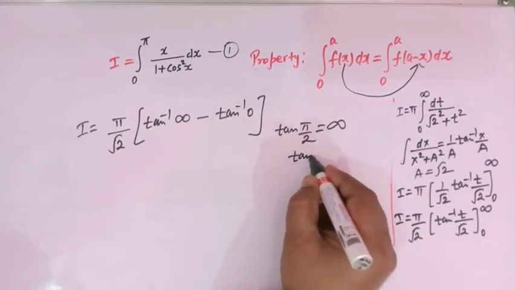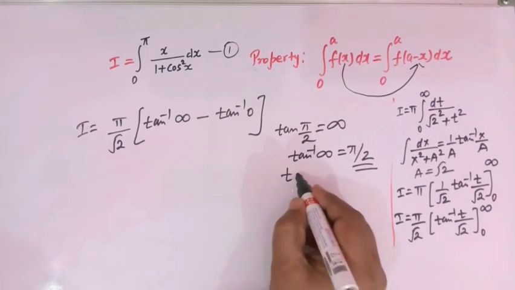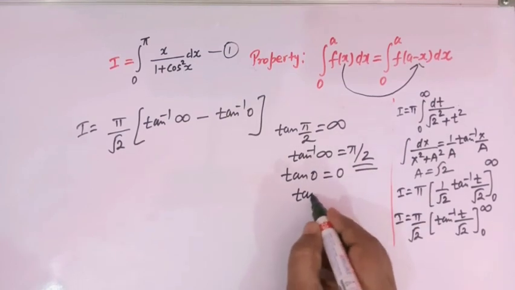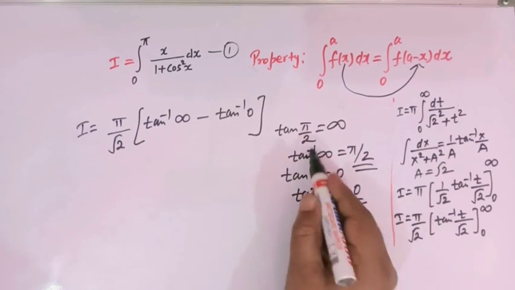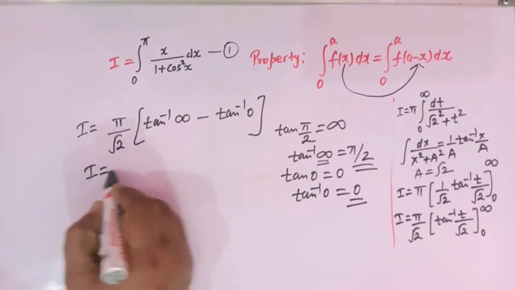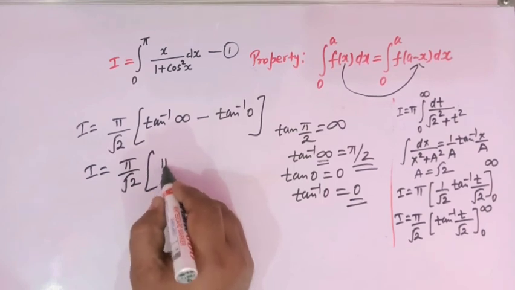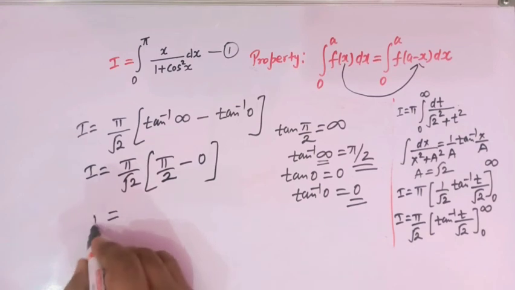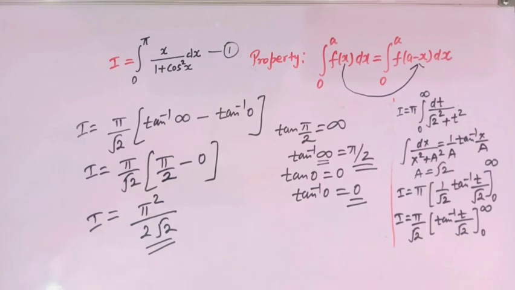So tan inverse infinity is equal to pi over 2, and tan inverse 0 is equal to 0. So I is pi over root 2 times pi over 2 minus 0, and this is pi square over 2 root 2.